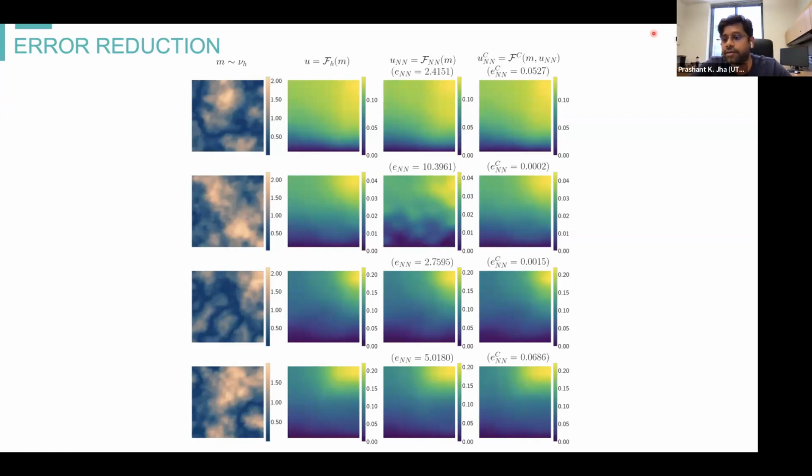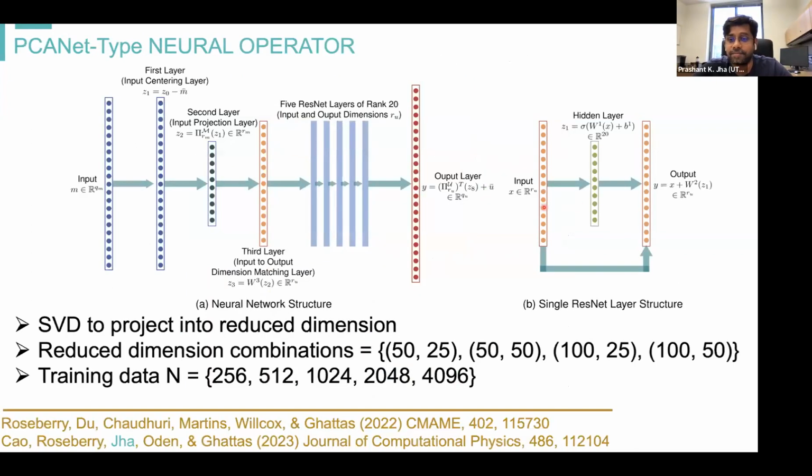Excuse me, I have a question on the previous slide. This is Kamal from Brown. So the output layer is not a function of the coordinate. So it's only predicting the output at the points where training is there. No. The output is actually a coefficient of a finite element representation of a function.